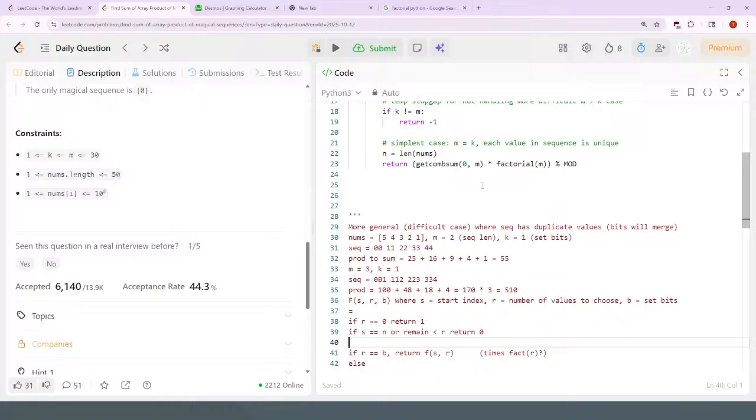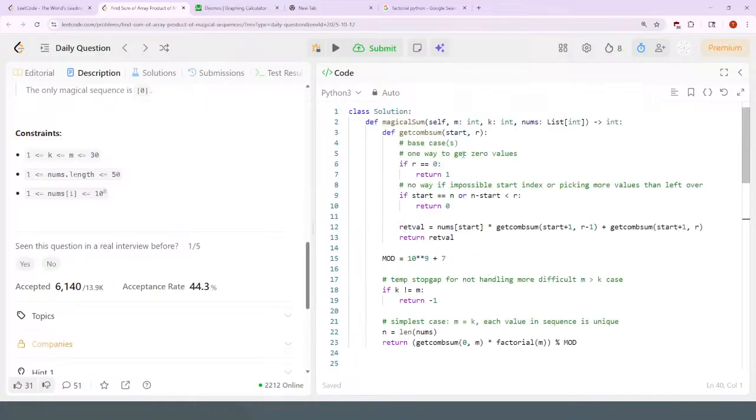If B equals 1 or if B equals 0, I guess this is actually just B, maybe? So B equals 0. B equals 0, then I maybe should be returning 1.